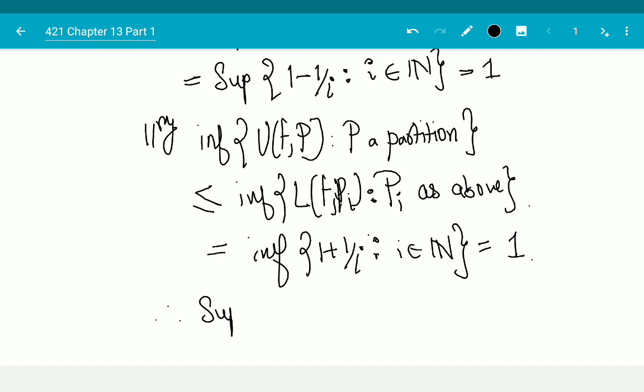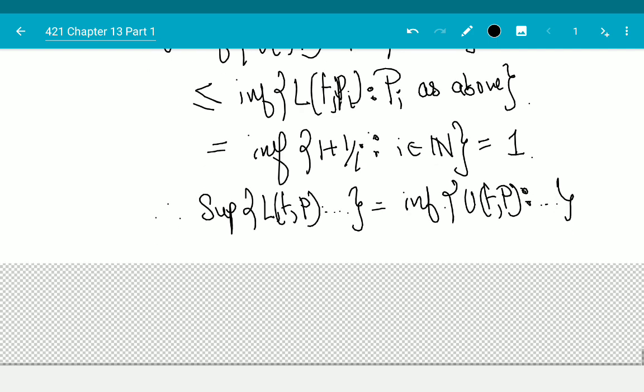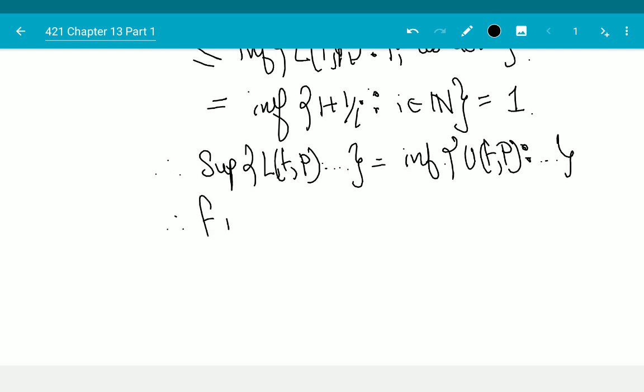Therefore, the supremum of L of f comma P is equal to the infimum of U of f comma P, and therefore f is integrable.